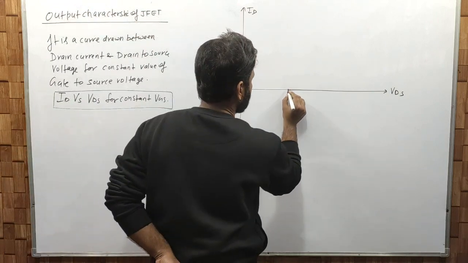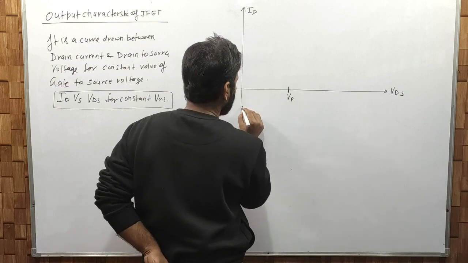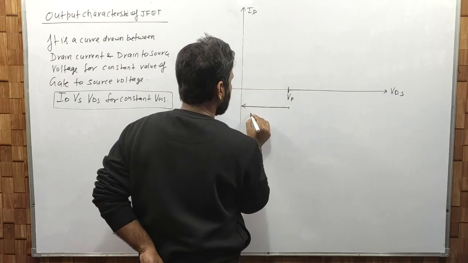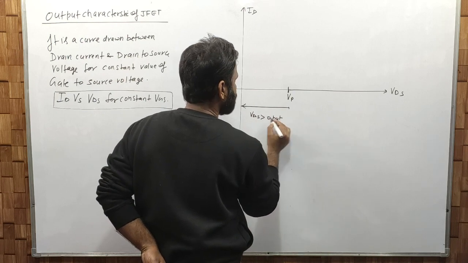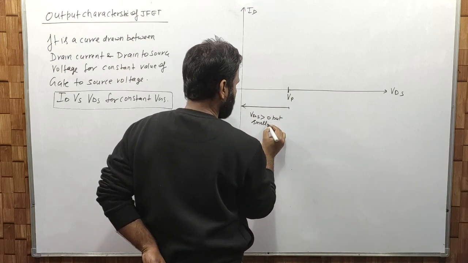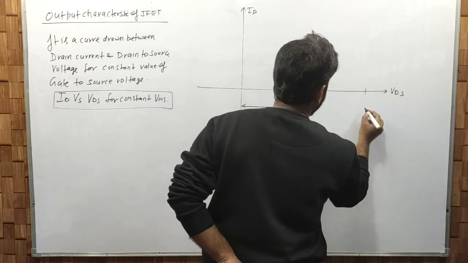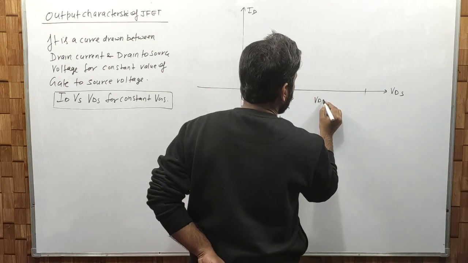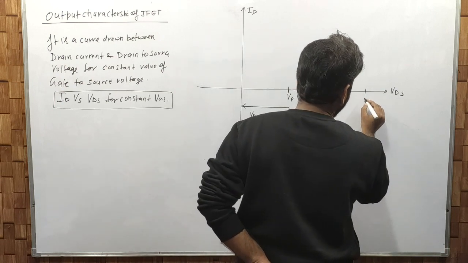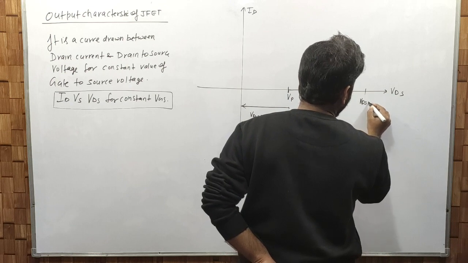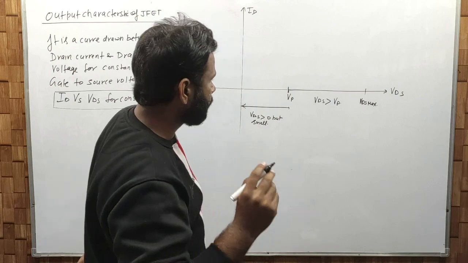First part is called, this is called where it is VP, and in this zone the VDS is greater than 0 but small. ये क्यों है अभी मैं बताऊंगा। Then in this region this VDS is greater than VP. Clear है? Then this voltage is called VDS max. Clear है? So I'm dividing this curve in three zone.